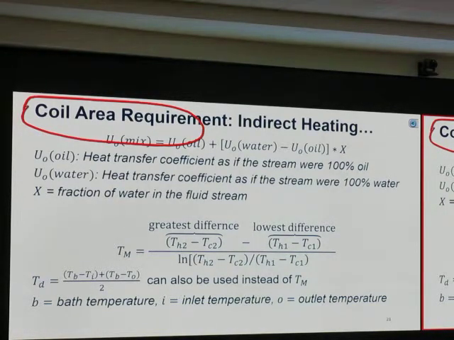The normal one is direct heating. Every normal heater treater that you see is direct heating, just like the one that we saw in the field trip. So indirect heating is not that common. People use it when the material is very corrosive, very sour gas or something.